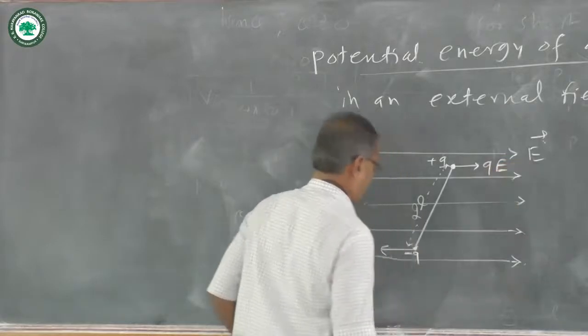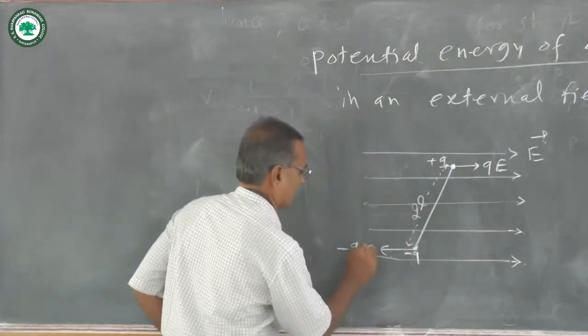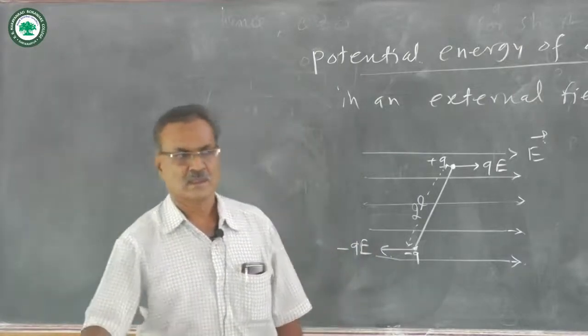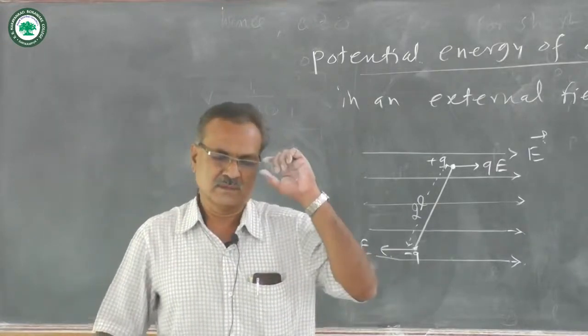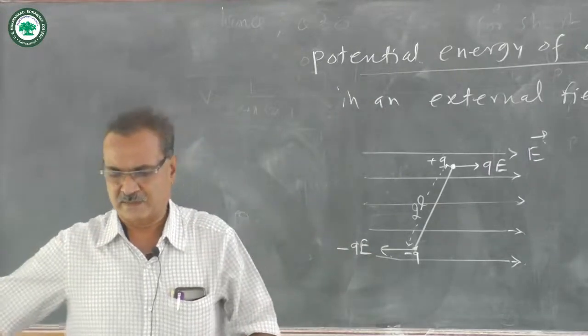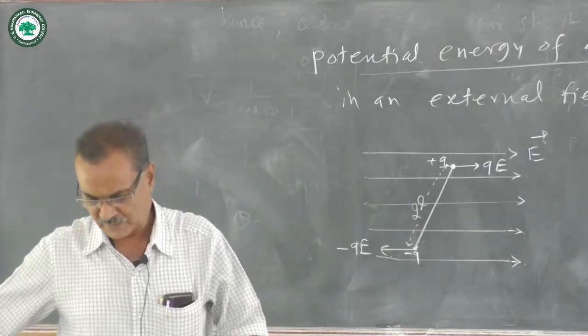It is Q into E, and here minus Q into E. This is also called the pole strength, or the force acting on minus Q charge and plus Q charge in an external electric field.